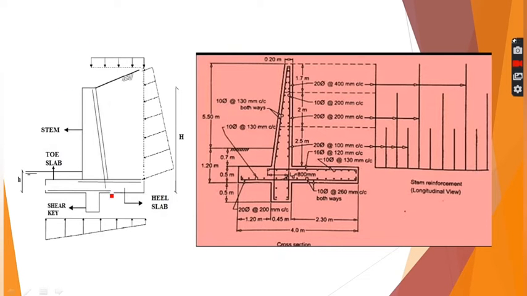Here, as you can see, this angle is not 90 degrees. The slope angle of the wall with the horizontal is more than 90 degrees for this particular wall, and for this particular wall it is 90 degrees. Hence this angle can also vary.